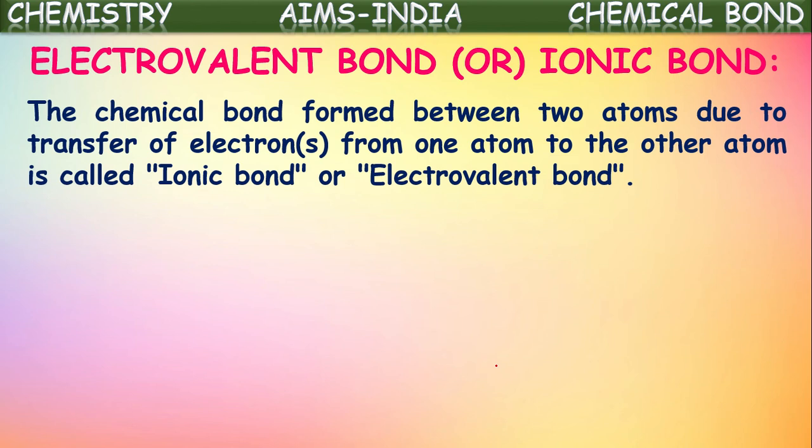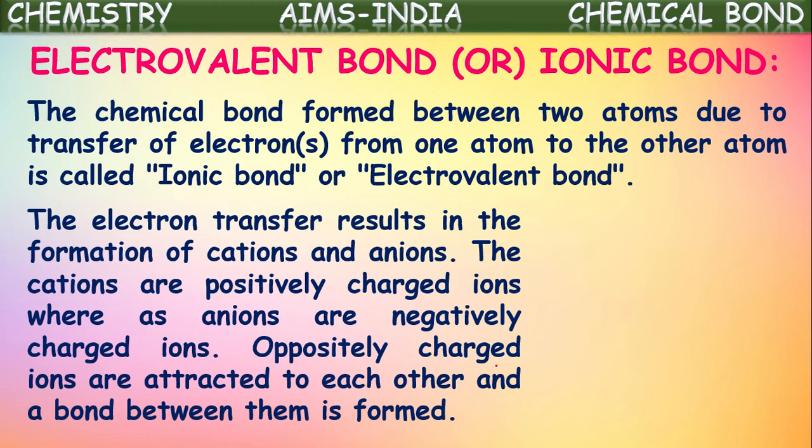So in this way, between them a certain bond will be formed. That chemical bond formed between two atoms due to the transfer of one or more electrons from one atom to another atom is called ionic bond or electrovalent bond.